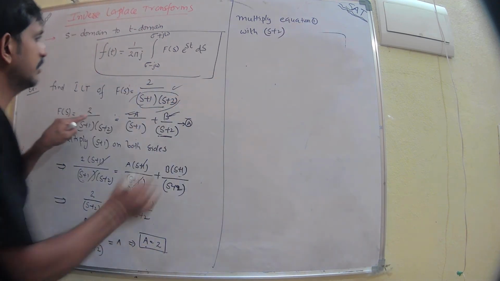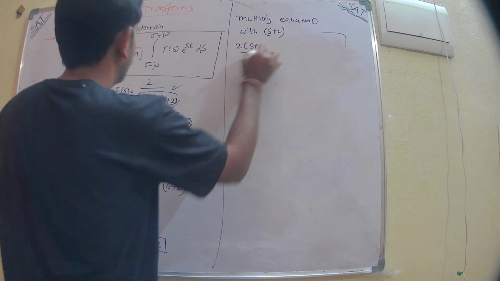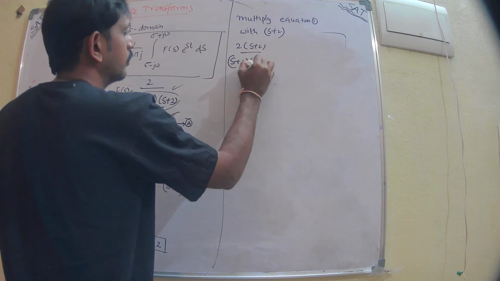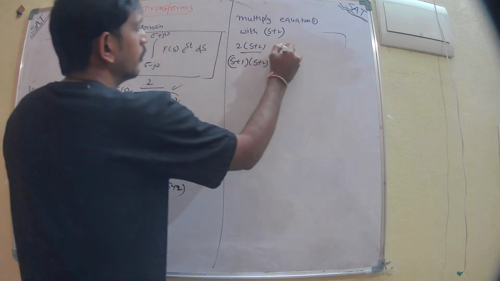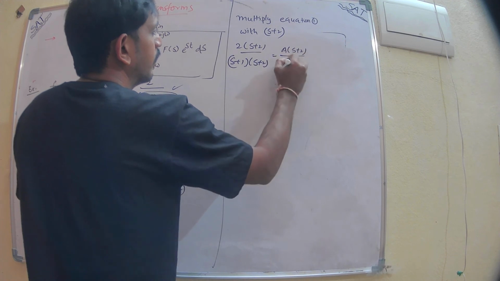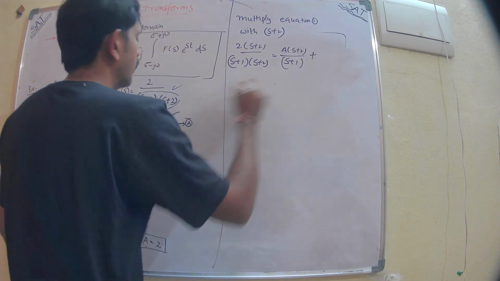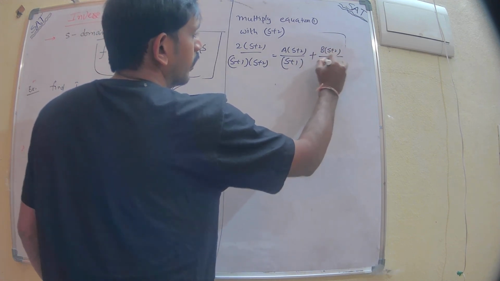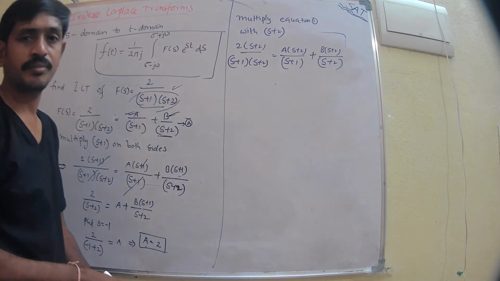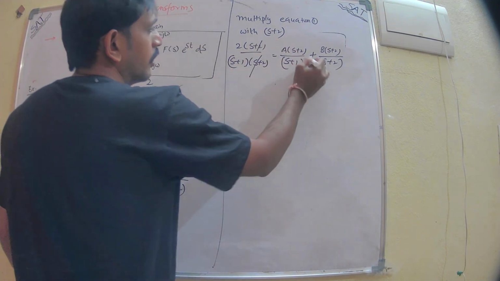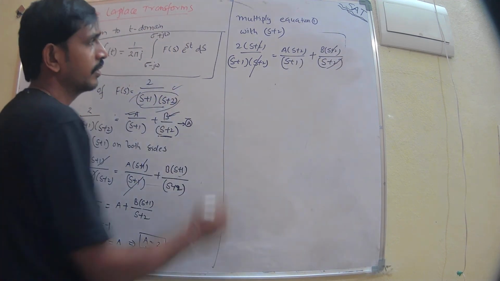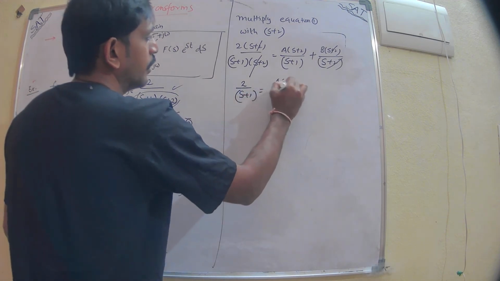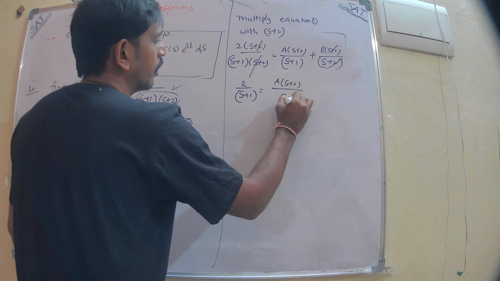Therefore this equation becomes 2 into (s plus 2) by (s plus 1) into (s plus 2) is equal to A into (s plus 2) by (s plus 1) plus B into (s plus 2) by (s plus 2). So (s plus 2) and (s plus 2) get cancelled.